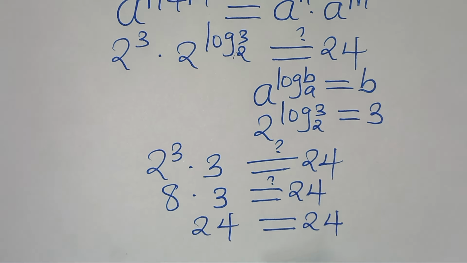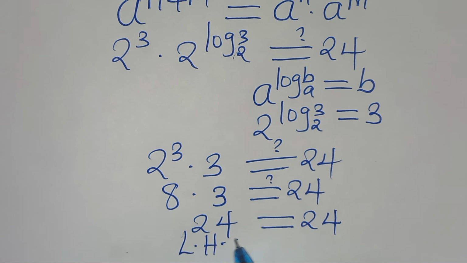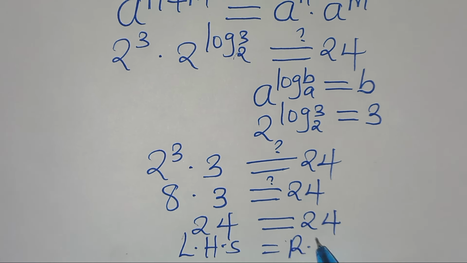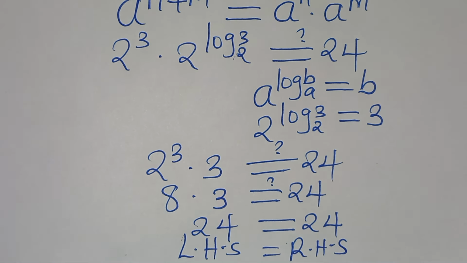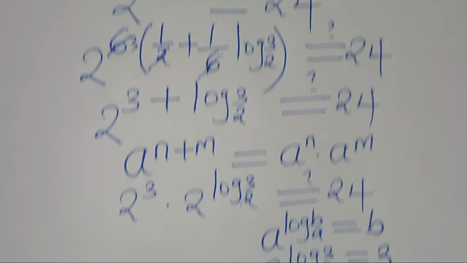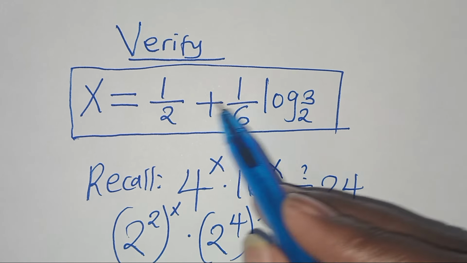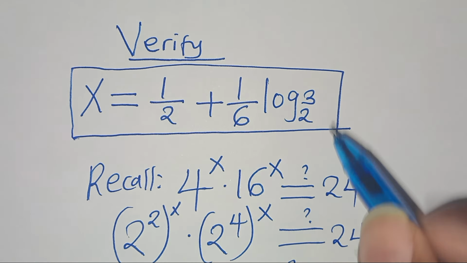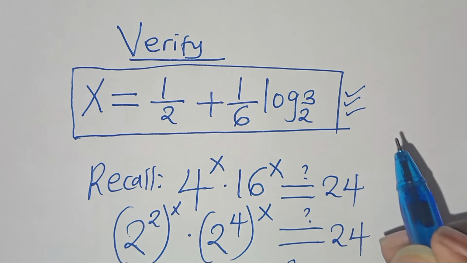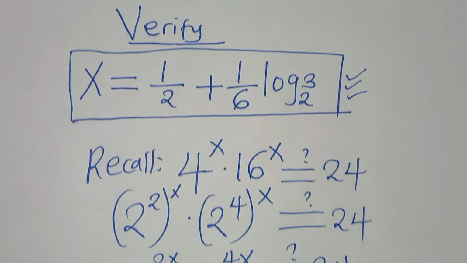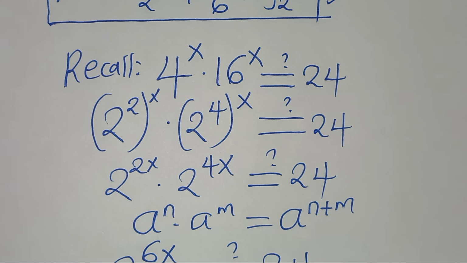So this means that the left hand side is equal to the right hand side. And this proves that the value of x here, which is half plus 1 over 6 log 3 to base 2, satisfies the equation.